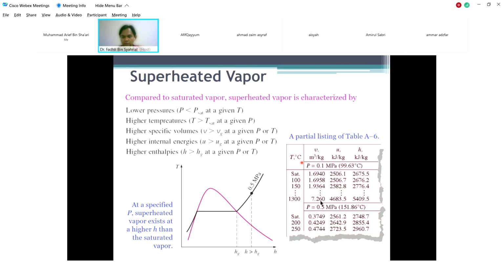Look at your own table A6 right now. It starts from 0.01 megapascal, after that 0.05 megapascal, 0.1, until 60 megapascal. The last small column is 60 megapascal.